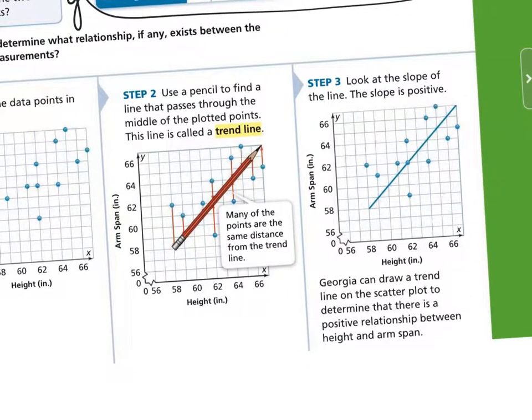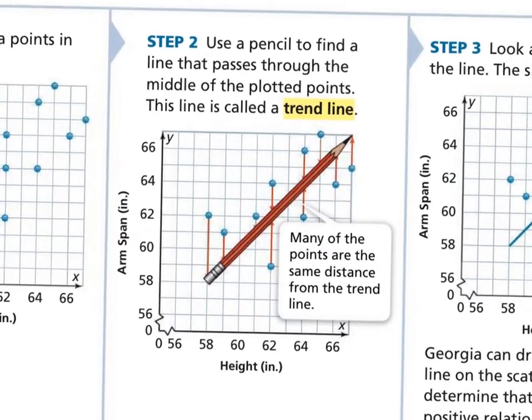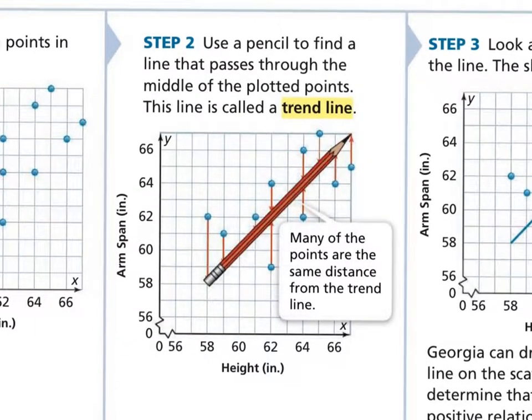And what we can do is we can try to find a trend line. Okay, so to find the trend line, we have to have a pencil. Not really. If you just have any pencil or pen or something straight like that, you can basically try to put this by the points and see if we notice a trend, if we notice a pattern.